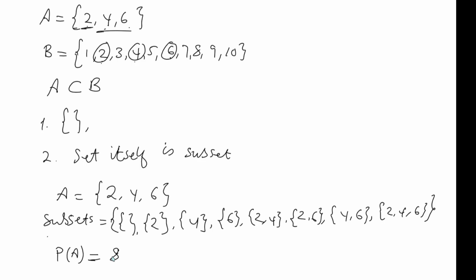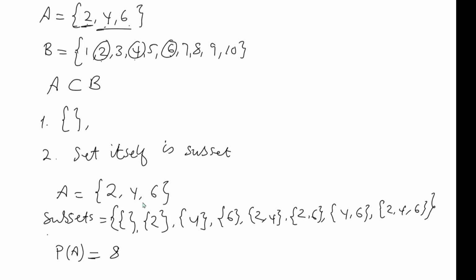So the power set of set A means all subsets of set A, and the power set of set B means all the subsets of set B. Alright, so power set talks about the collection of all the subsets of a set, the total number of subsets a set produces.